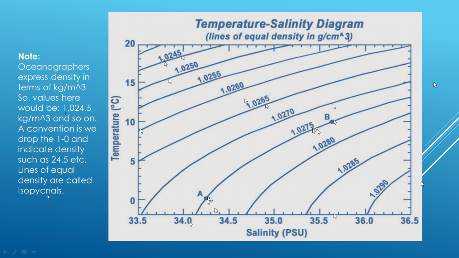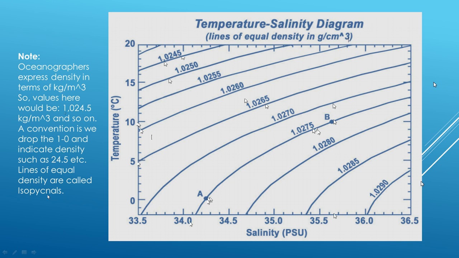So now let's say I'm going to take a temperature of 5C, and I look at the isopycnal for 26.5, and I see that my salinity is 33.5.